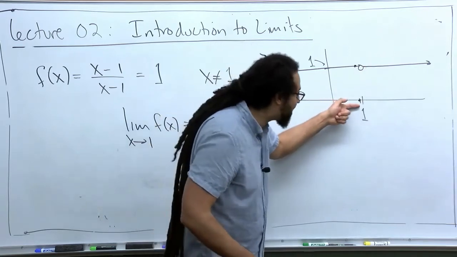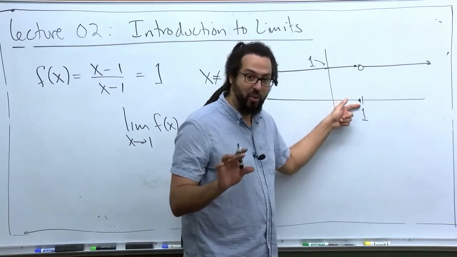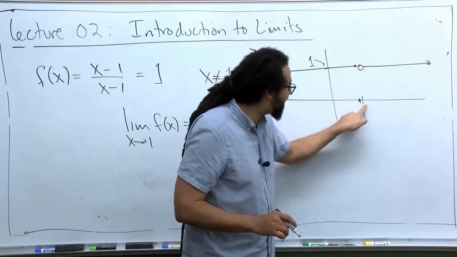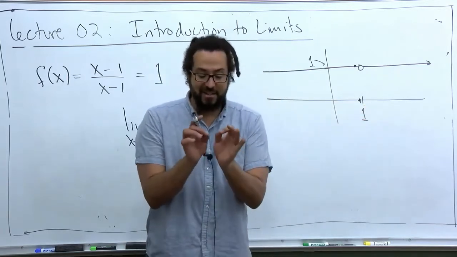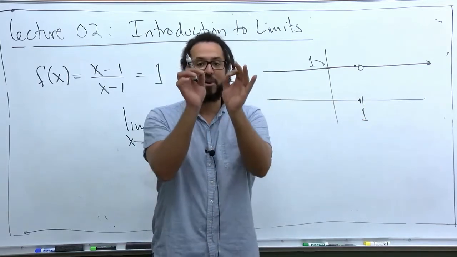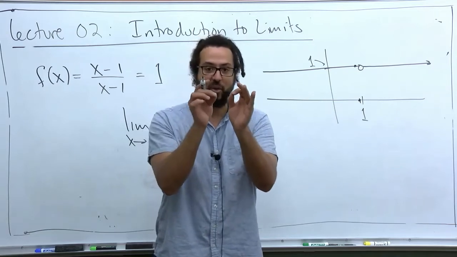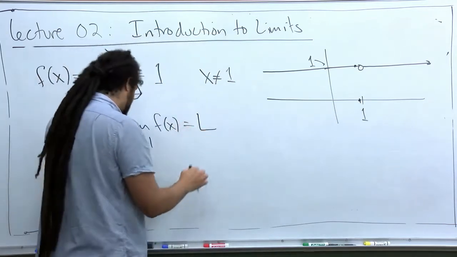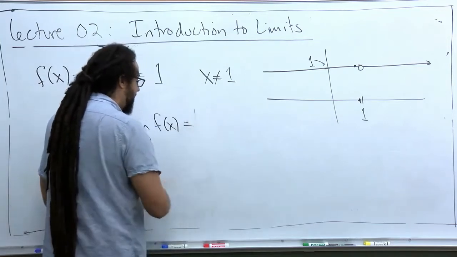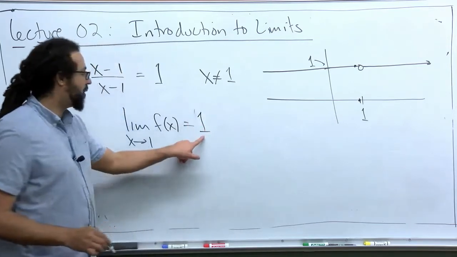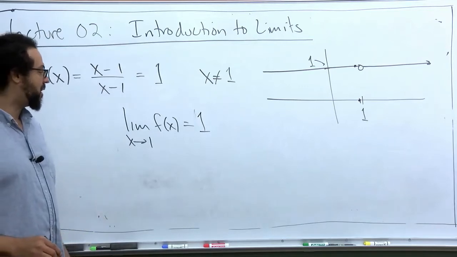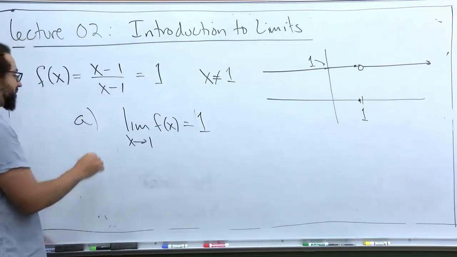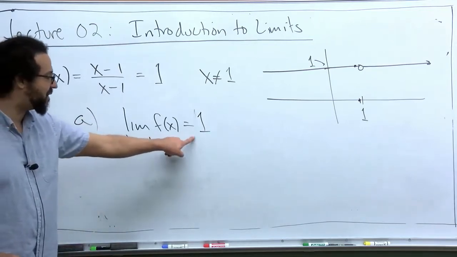So no matter how close I get to 1, but not equal to 1, whatever x I choose that's close to 1, when I plug it into the function, I'm still going to get a 1. So that says that all of my y values are very close to y equals 1 when x gets close to 1. So here's the answer to part A. The limit as x approaches 1 of f is 1.